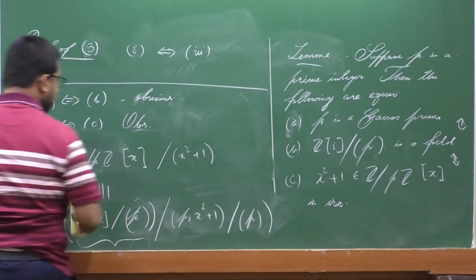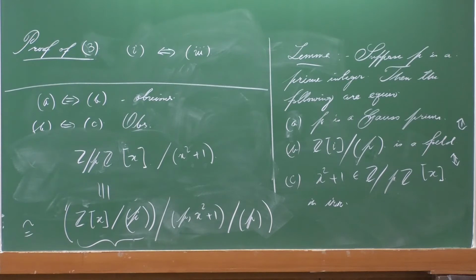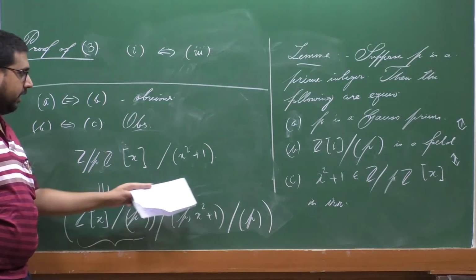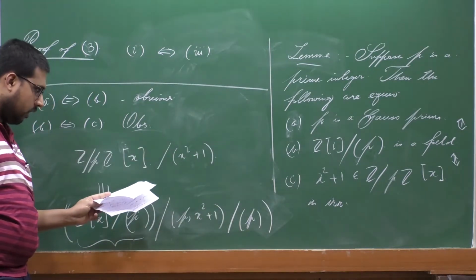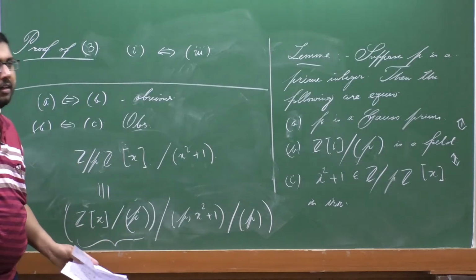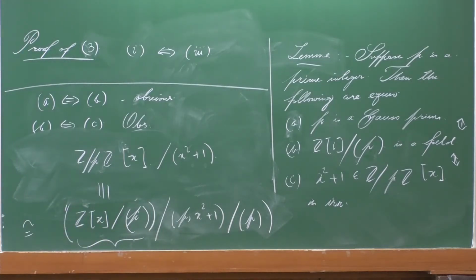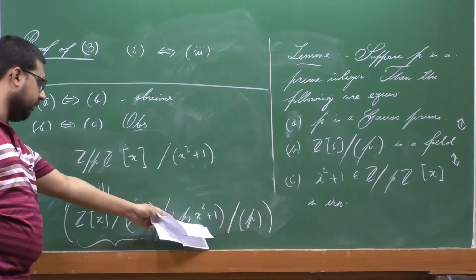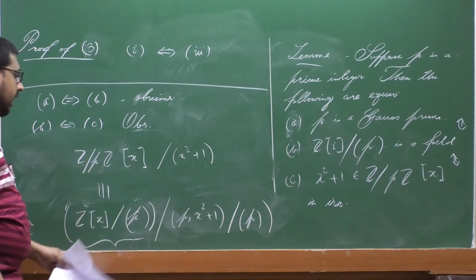Okay. So the main point of this proof is you just deal with the quotient properly. First you identify Z[i] modulo P as a quotient of this polynomial ring, then you see that the ideal is generated by two elements. So you go step by step. First you quotient by this and then you further by this, and this is isomorphic to that.